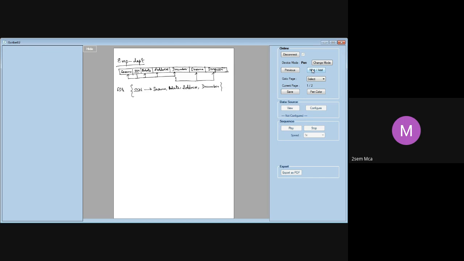This is one of the functional dependencies that exists. Let me take the second one, FD2. It states that D number determines D name, DMGR SSN. This is my second functional dependency.